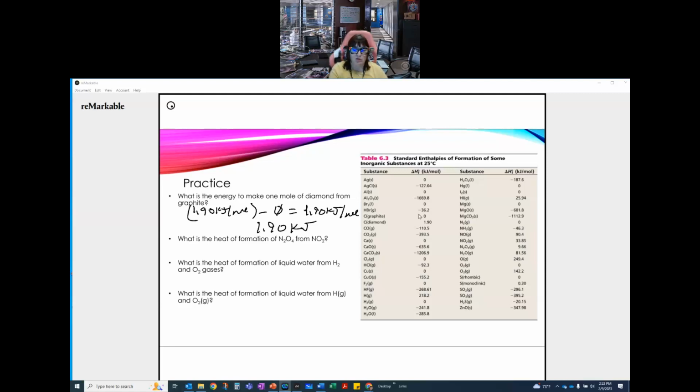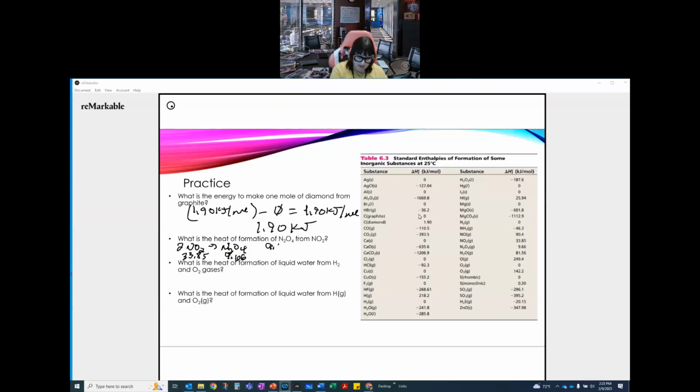What's the heat of formation of N2O4 from NO2? So I want to take NO2 and make N2O4. I need 2 of those to be able to do that. My NO2 value that's listed here, NO2 is 33.85. And the N2O4 that's in this table is 9.66.